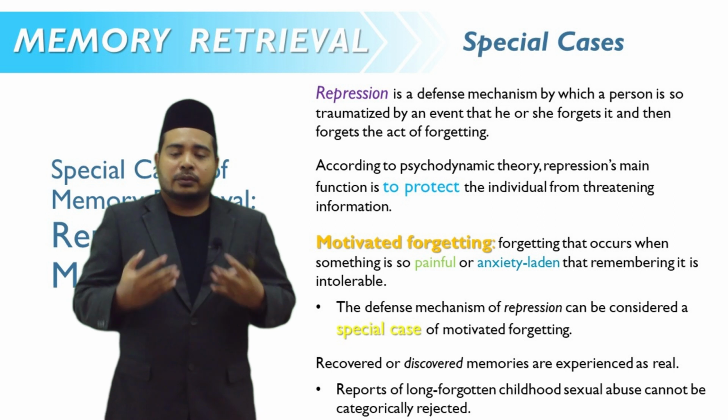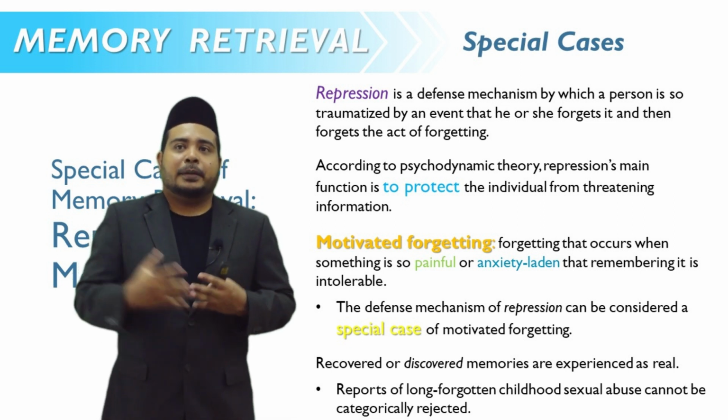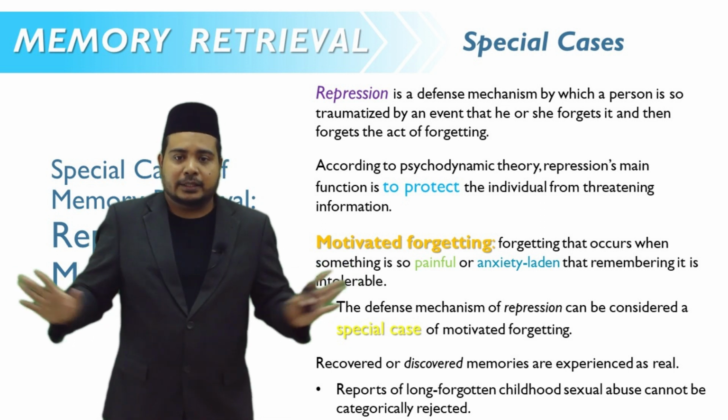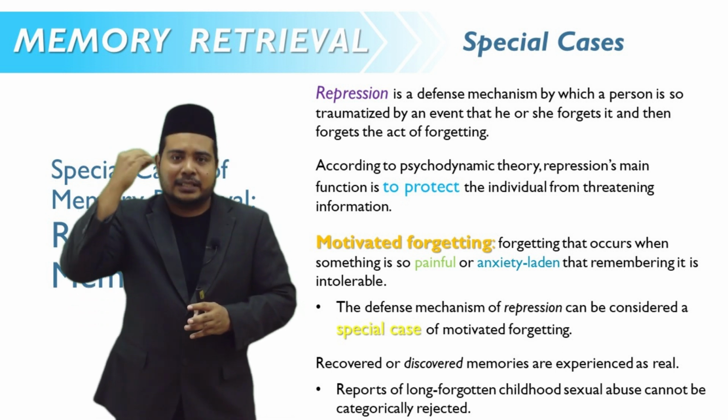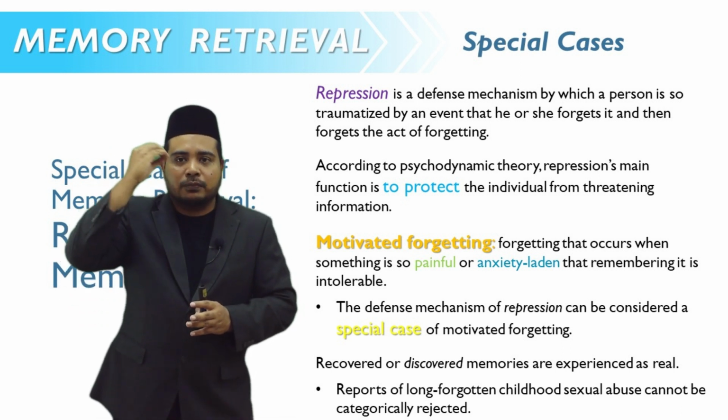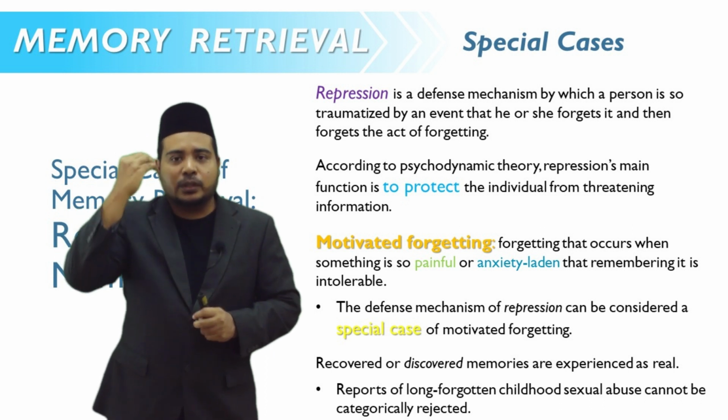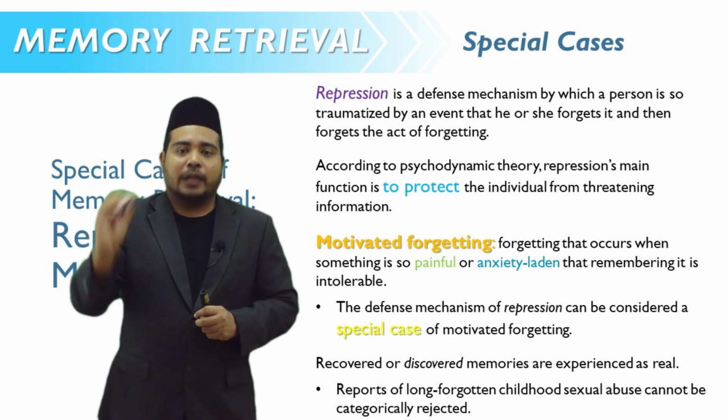When they try to investigate it, they basically try to forget what happened to them. So they repress that memory. They don't even want to admit or acknowledge that it has happened to them.